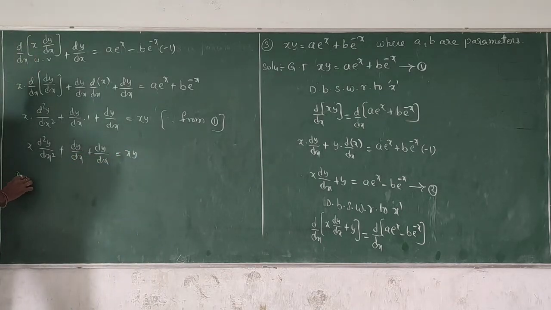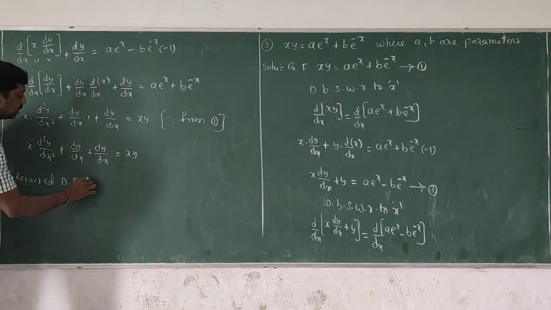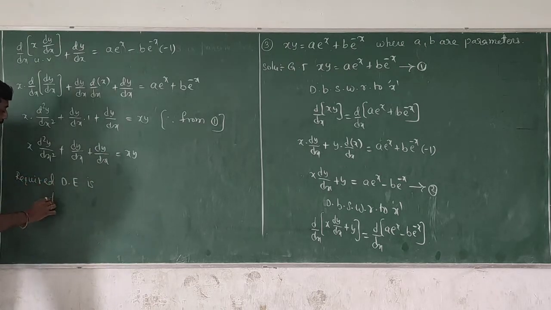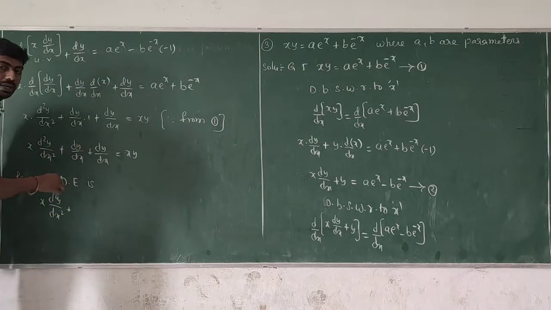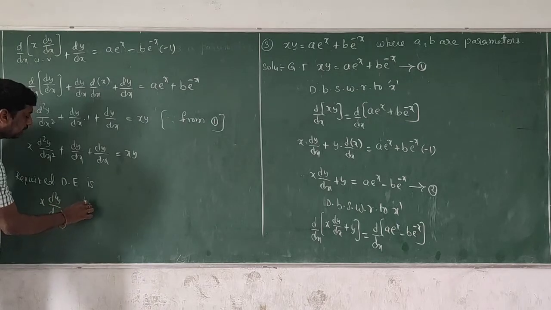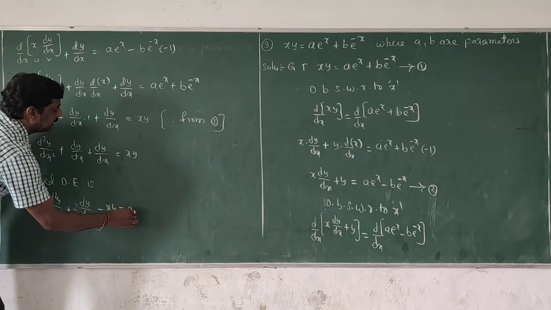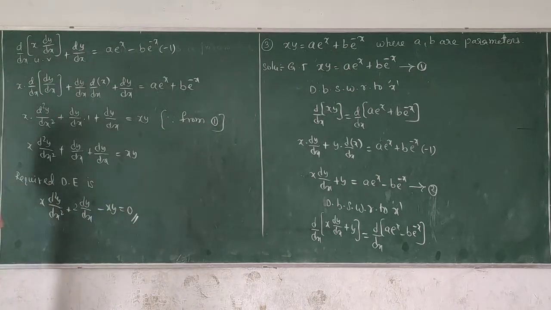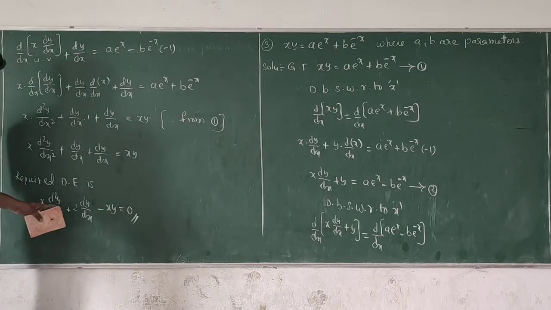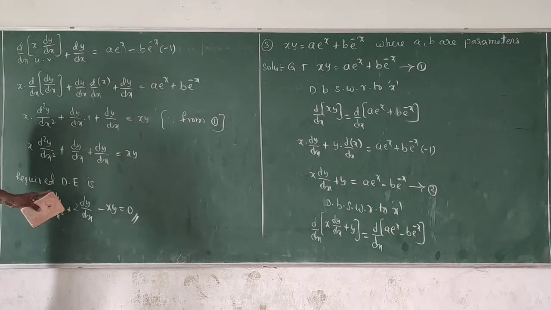Now the required differential equation is x into d square y by dx square plus 2 dy by dx, plus xy taken to the opposite side, minus xy, that's equal to 0. That's the end of the solution. Here this one is the required differential equation. Understood clearly?